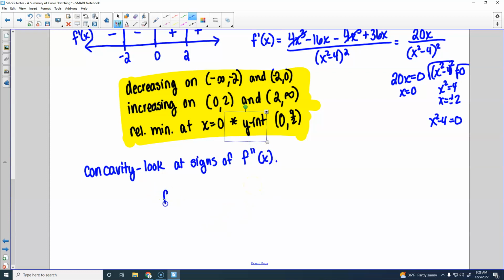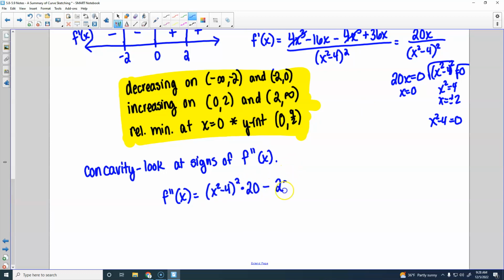So to find that second derivative, our first derivative is up here, so we would need to use quotient rule for that. So we would have x squared minus 4 squared times the derivative of 20x, which is just 20.